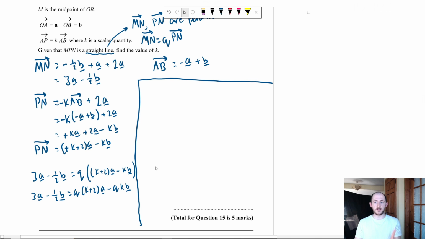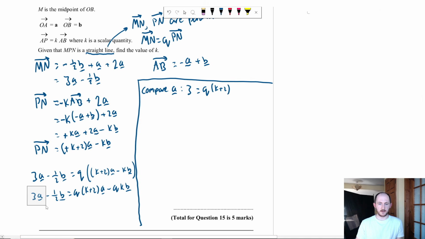Now here's what they do. With vectors, the A components should be equal to each other, right? Logically. Everything in front of A on this side should equal everything in front of A on this side, because it's gathering like terms. It's just basic algebra essentially. So you write compare A. Everything on the left-hand side, which is just 3, should equal everything on the right-hand side, which is q(k plus 2).